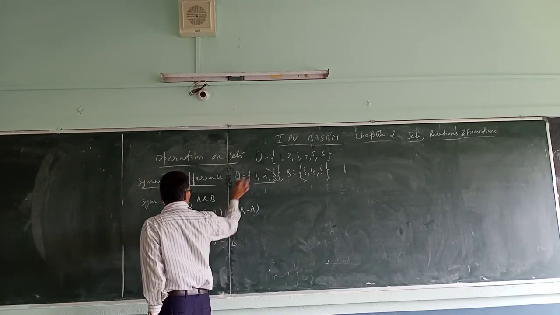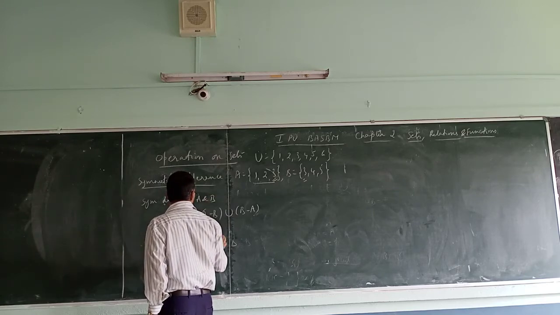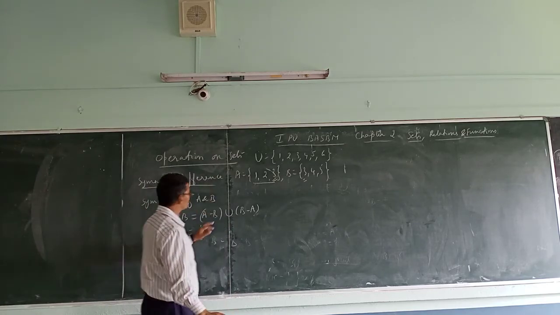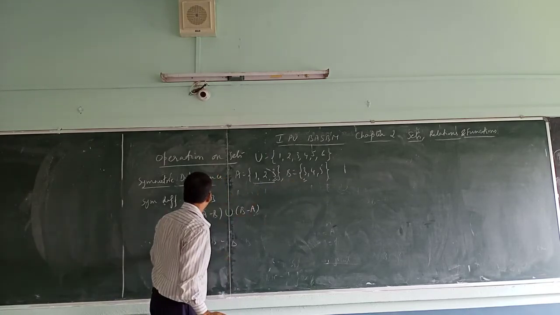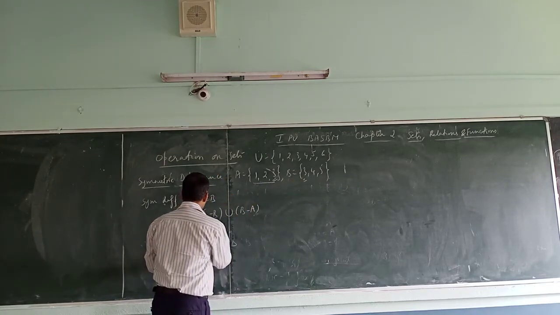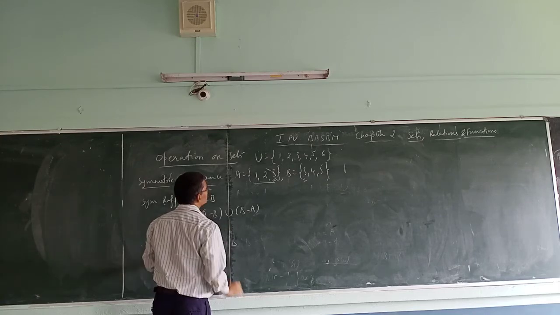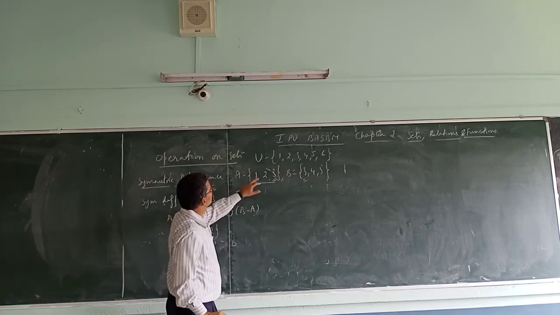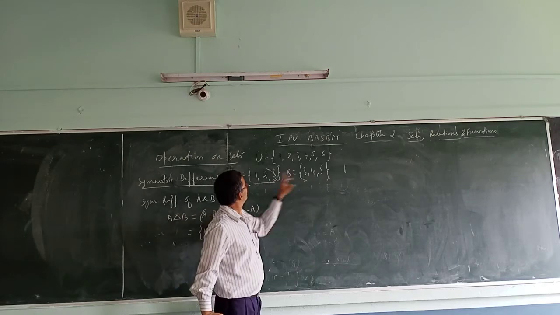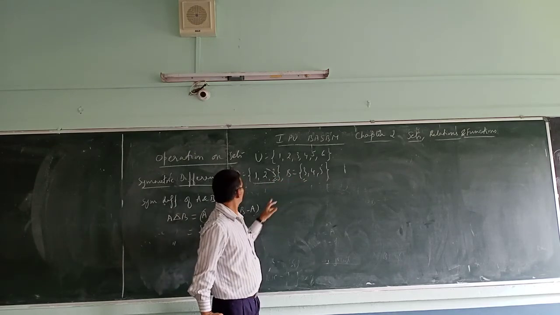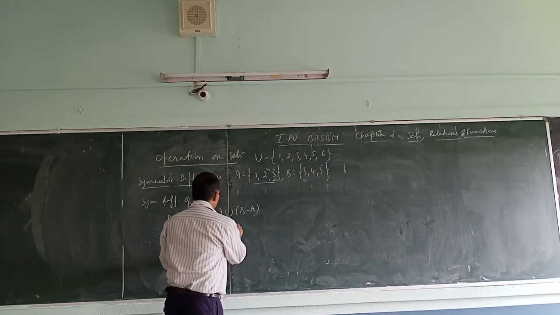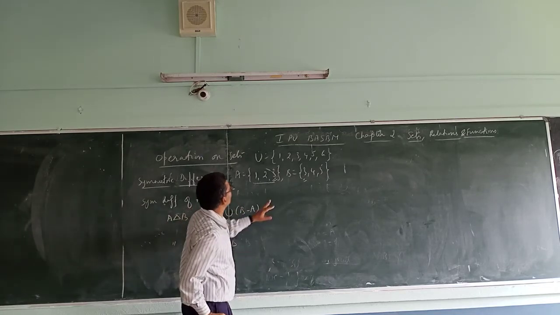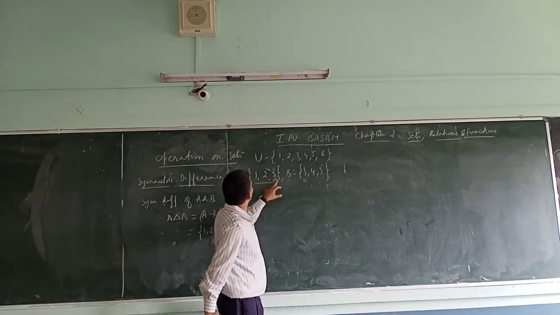So what is A minus B in this example? Remove the elements of B, that is, 3 is removed. So what we get is 1, 2. A is 1, 2, 3 and B is 3, 4, 5. The common element is 3. Remove it. So 1, 2 will get a union. What is B minus A? B is 3, 4, 5, A is 1, 2, 3.